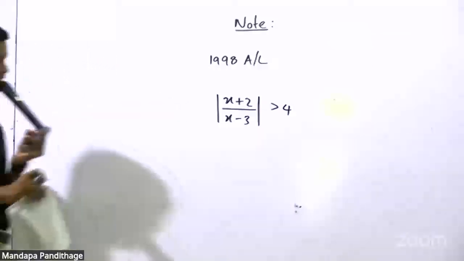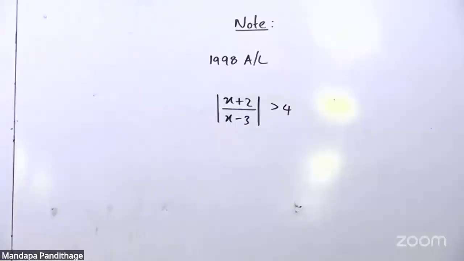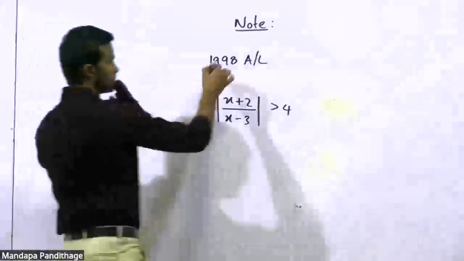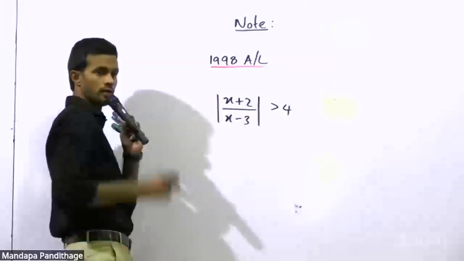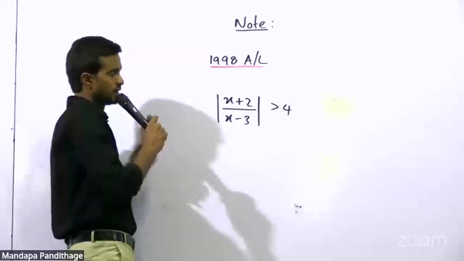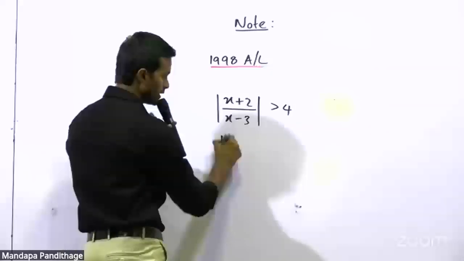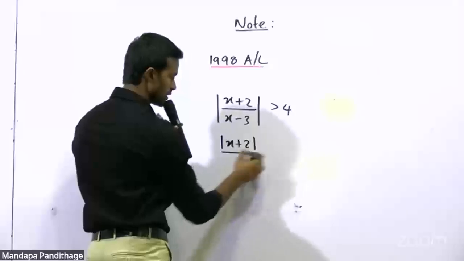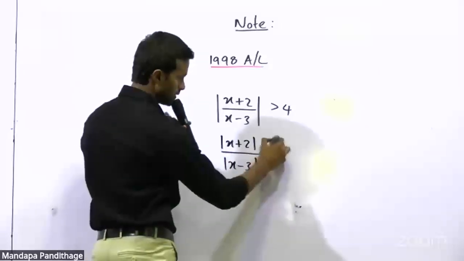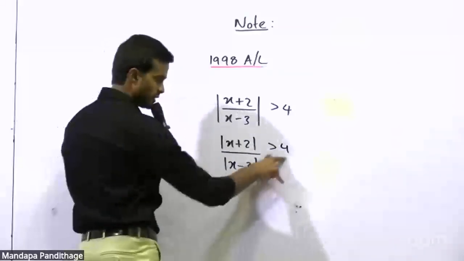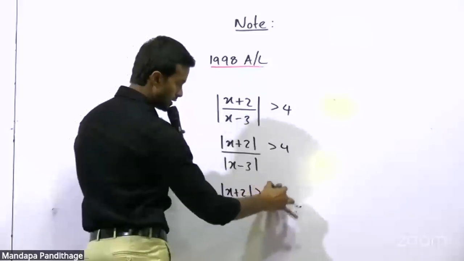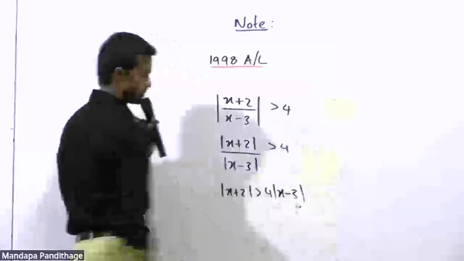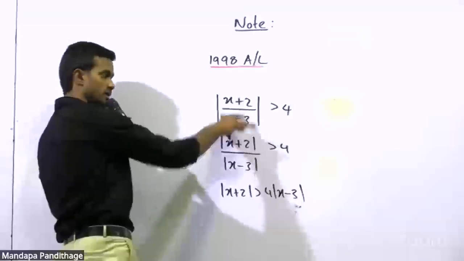According to what we have learned so far, we can't sketch the graph of this. But the modulus of a division can be written as the division of two moduli, and since the denominator is positive, you can multiply and rearrange the inequality up to here.